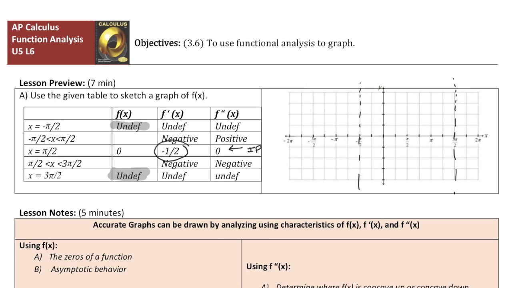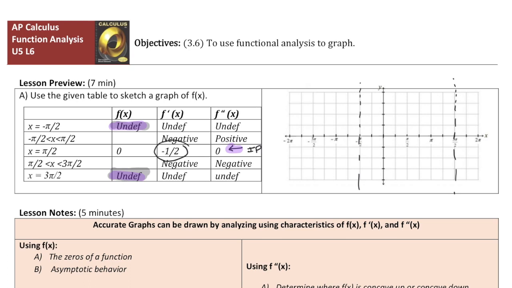Your lesson preview provided lots of clues as to what you should draw. I hope that the first thing you noticed is that you have an inflection point at 0, and then perhaps you noticed that you had asymptotes at negative pi over 2 and 3 pi over 2.